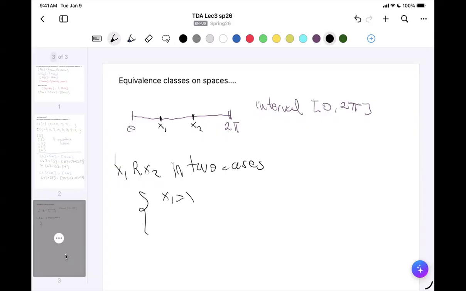If they are the same number on the interval, we'll say that they are related.